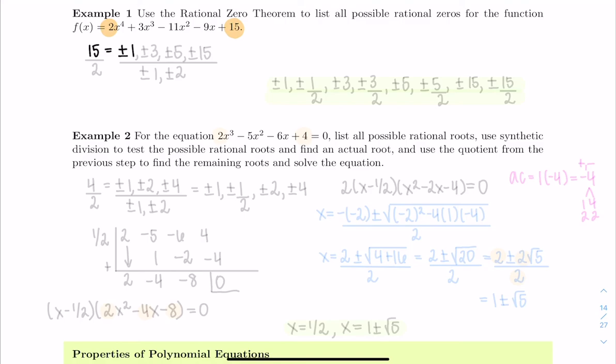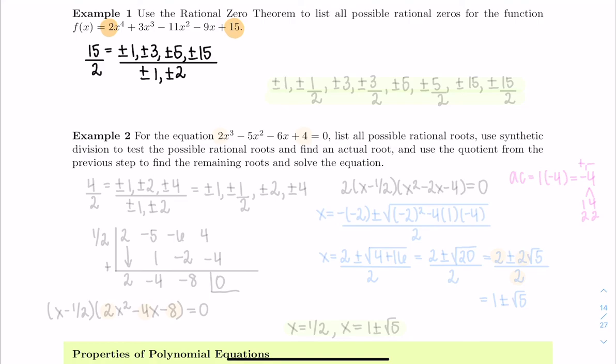So the factors of 15 are 1, 3, 5, and 15. And this is over the factors of the leading coefficient, which is 2. Now there's only two factors of 2. That's plus or minus 1 and plus or minus 2.